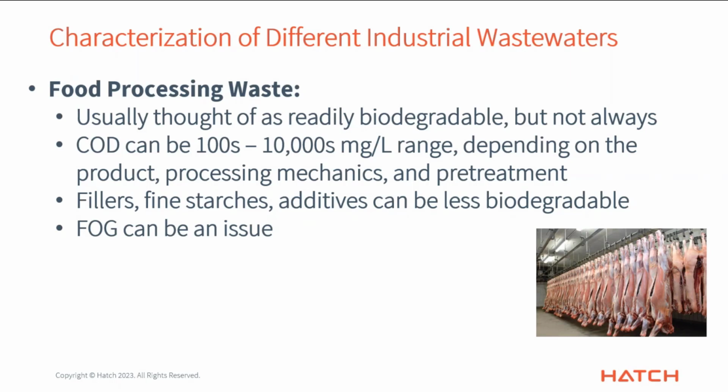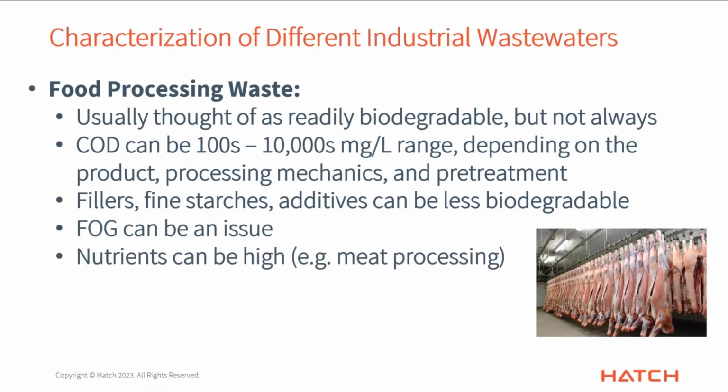So I briefly mentioned that FOG can be an issue. Again, I've also been involved in some meat processing facility modeling projects, and absolutely, the number one pretreatment issue was handling the amount of fat coming into that system. And nutrients can also be very high in these.